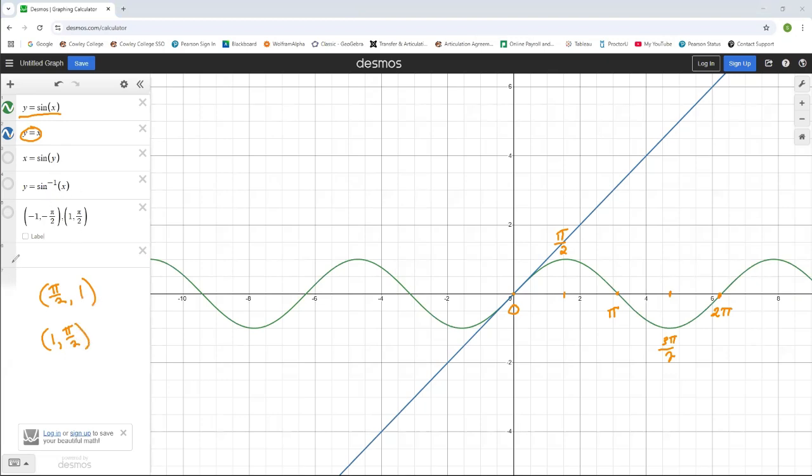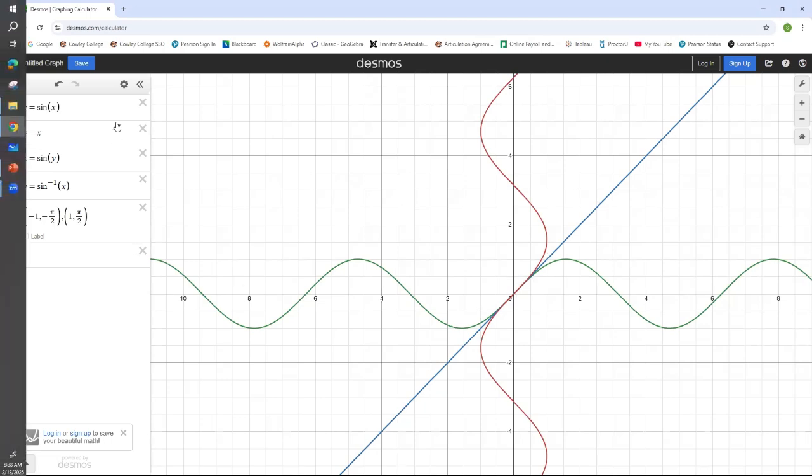All right, so I'm going to go ahead and turn on the inverse function. So notice that I've changed the place of x and y. Remember, that's how you create an inverse, you swap the locations for x and y, and then y takes on the x role and x takes on the old y role. And it's a reflection about the line y equals x.